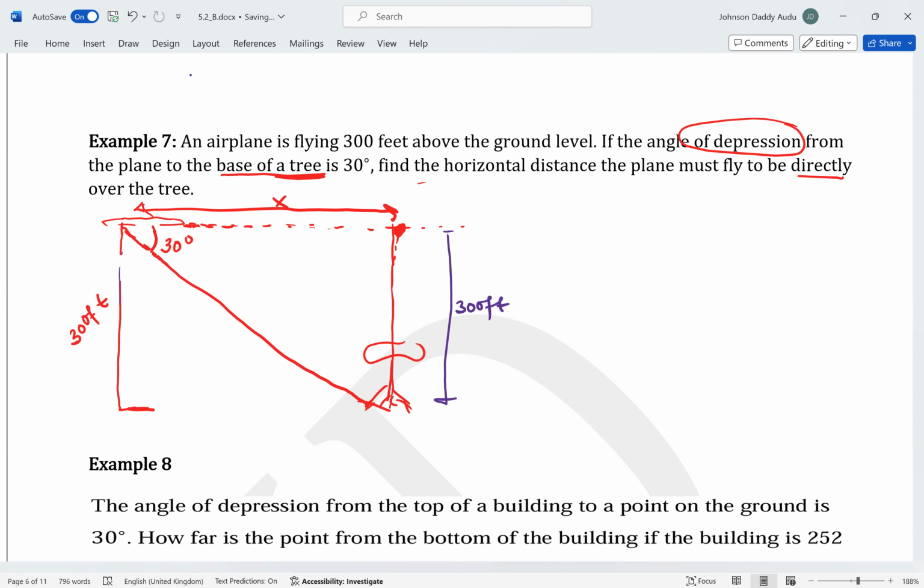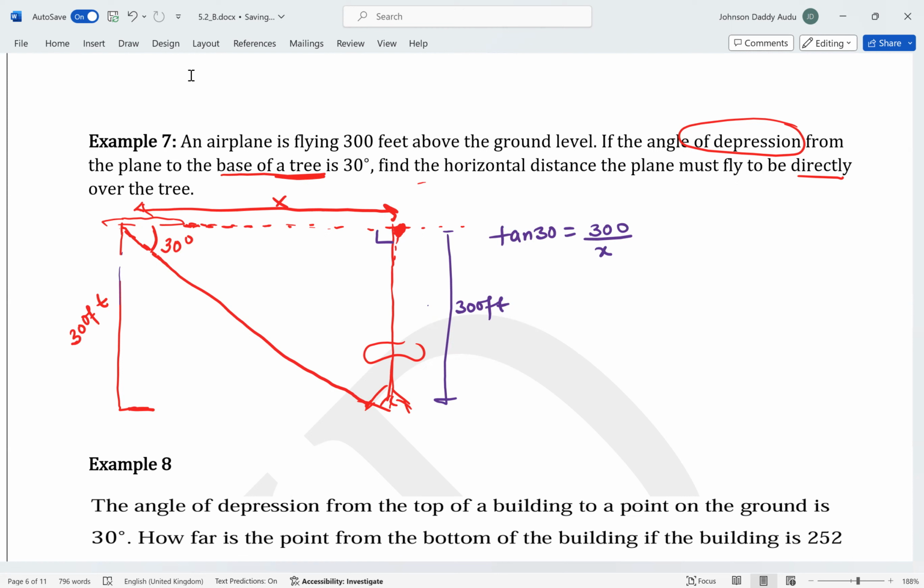So this is now going to be opposite over what's here. There's going to be a right angle here. So it means this X you are looking for is our adjacent. So we have that tan 30 is simply 300 feet over X, right? But what is tan 30?